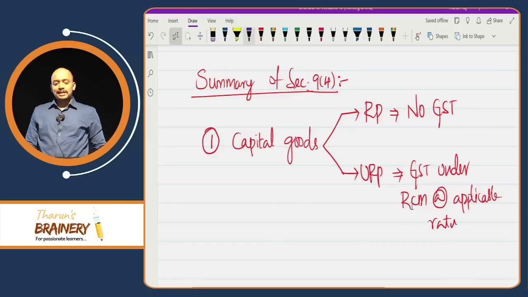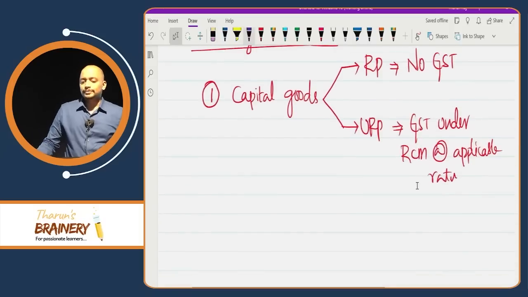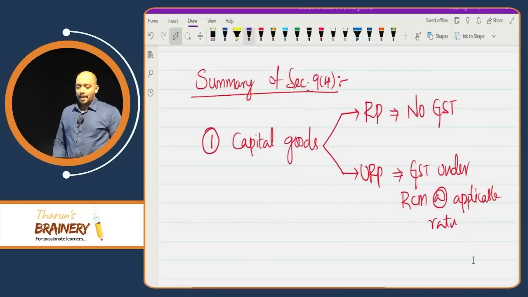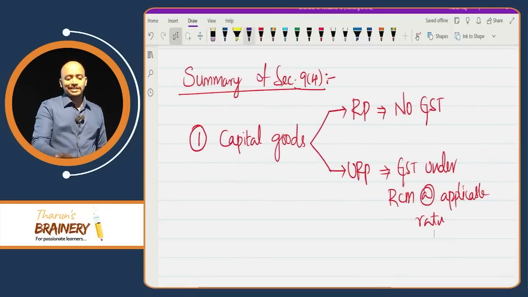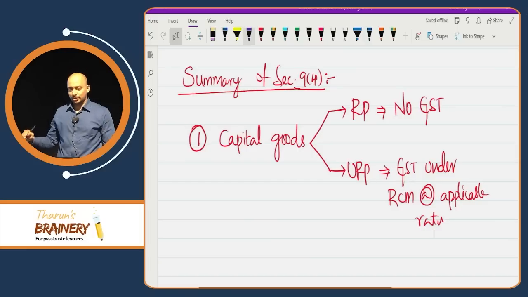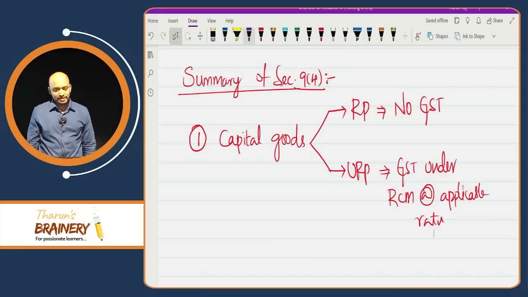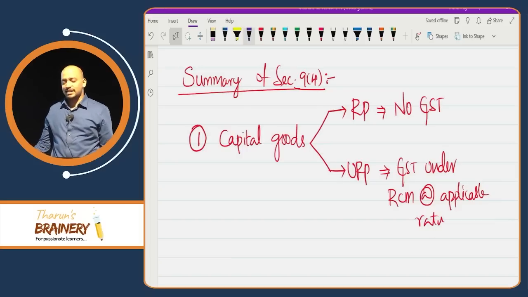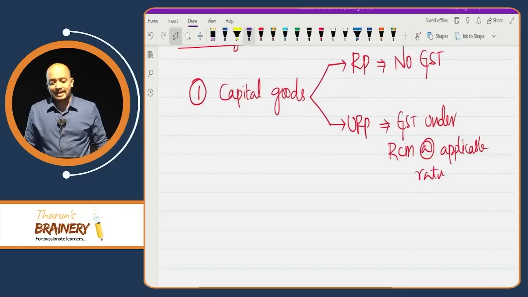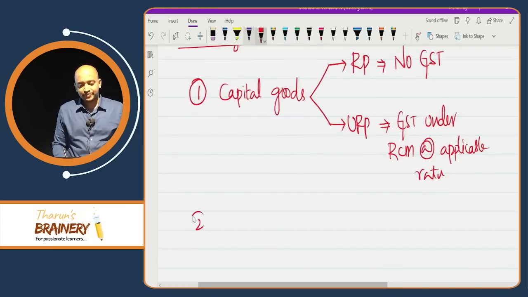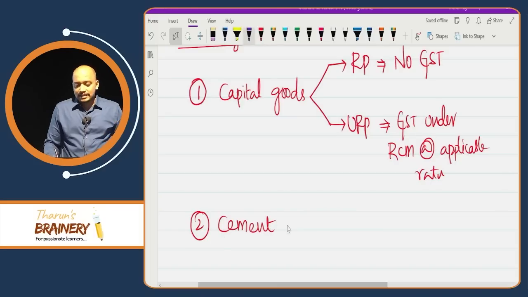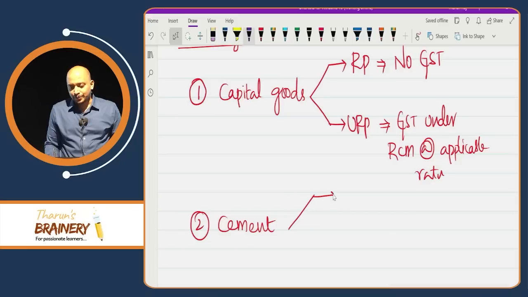Next, step number 2. Capital goods purchased from a registered person, no need to pay any GST. If capital goods are purchased from an unregistered person, you need to pay GST under RCM at applicable rates. Second, you need to see cement. Cement is again divided into 2: purchased from a registered person, purchased from an unregistered person.